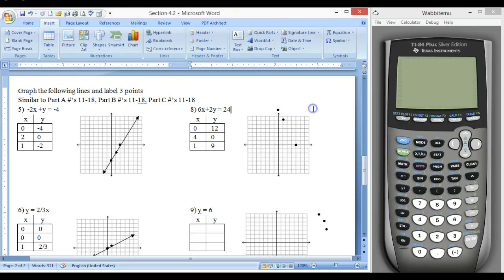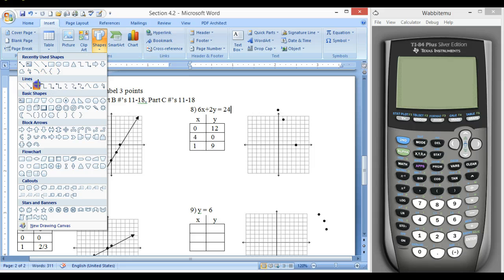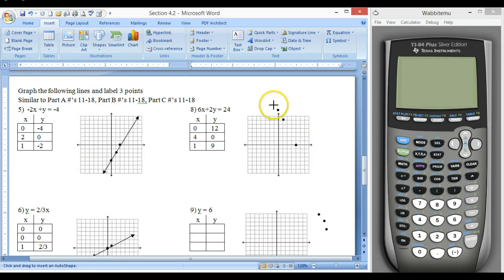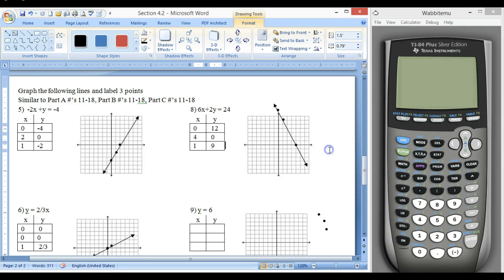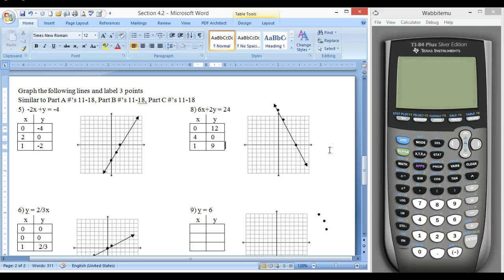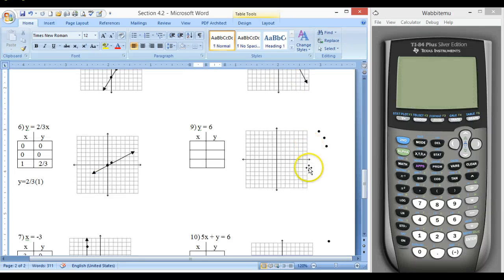Let's go ahead and insert our line showing that it goes beyond the points, and all 3 of them line up. So that means that we did our math. Hopefully we did it correctly. The chances of getting 3 points incorrect are less than just doing 1. So it's a good thing they all lined up. Let's go to the next one.